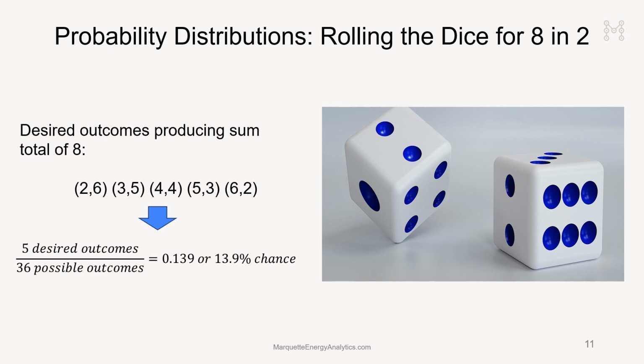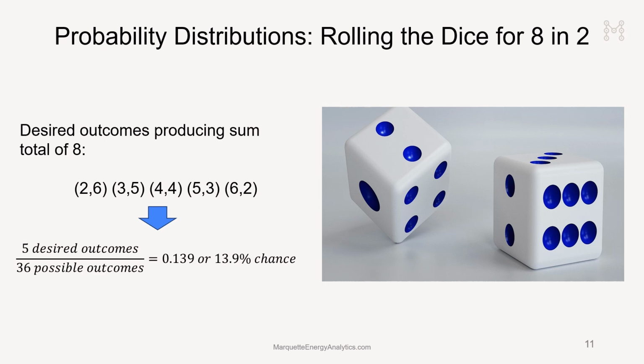Next, we count these combinations and divide by 36 to find our target probability, since there are 36 possible outcomes when rolling 2 dice. This gives us a probability of about 0.139, or a 13.9% chance that a single roll of 2 dice will produce a sum of 8.